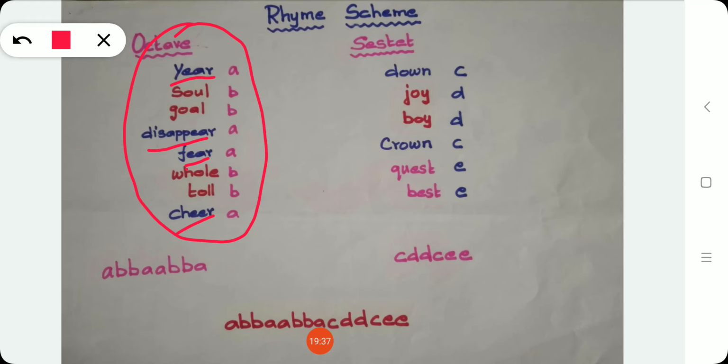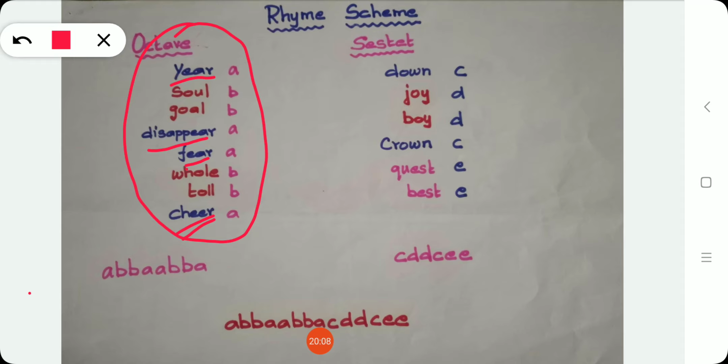Here year is rhyming with disappear, and year and disappear are rhyming with fear, and fear, disappear and year are again rhyming with cheer. So all these are rhyming, and I am giving the first alphabet A to this.